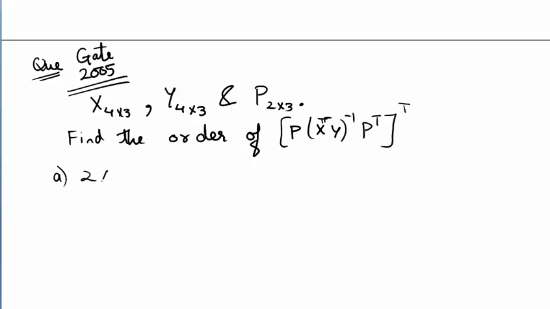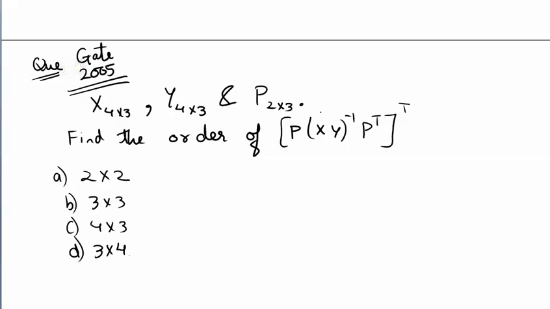The options given to you were 2 cross 2, 3 cross 3, 4 cross 3 and 3 cross 4. This was a GATE problem which was asked. Let us make this a bit clearer.